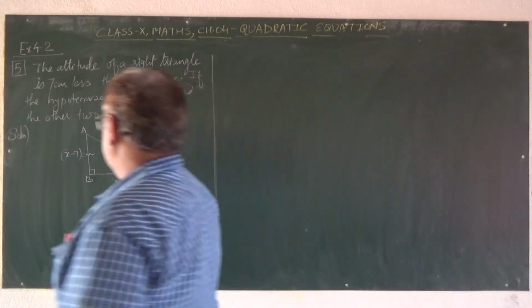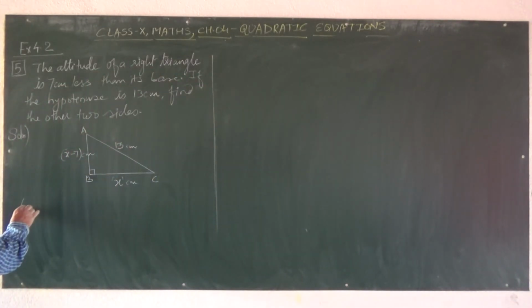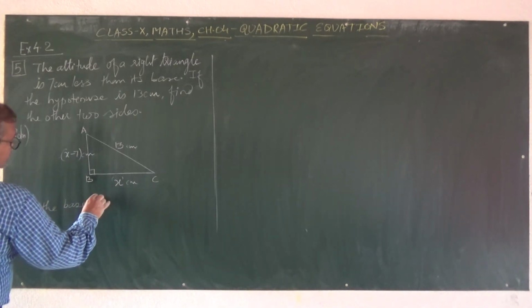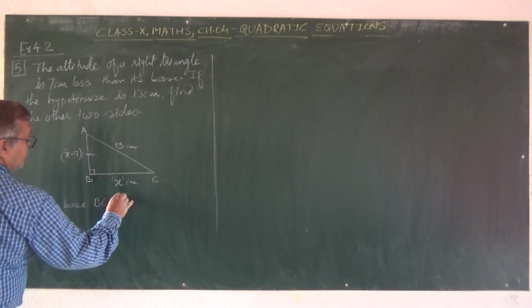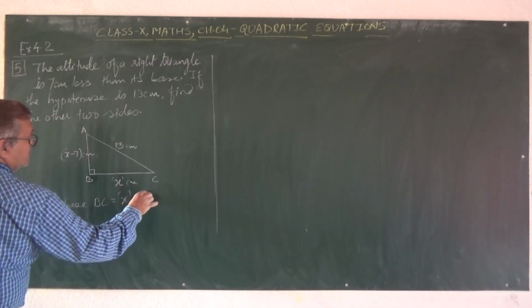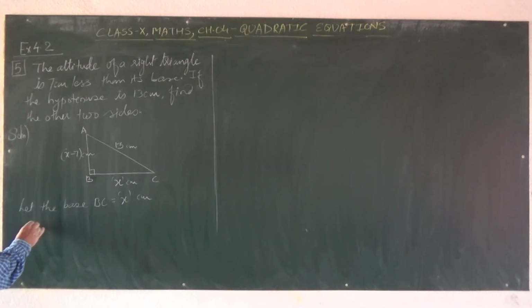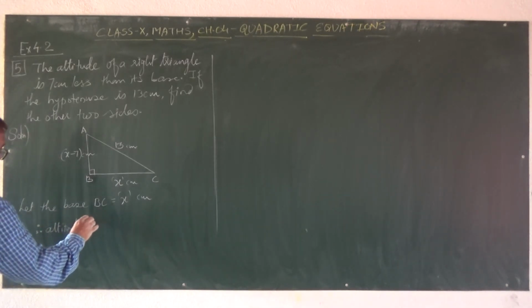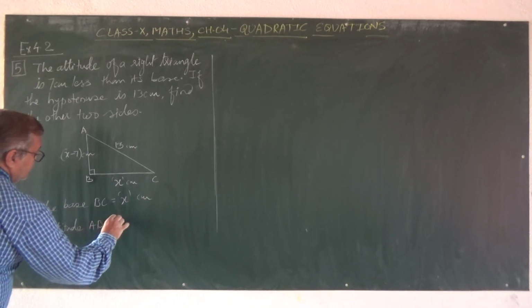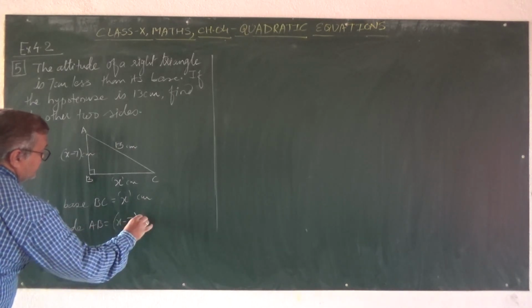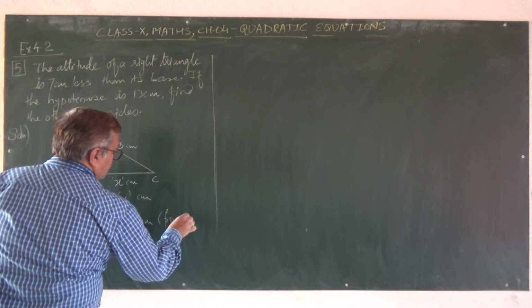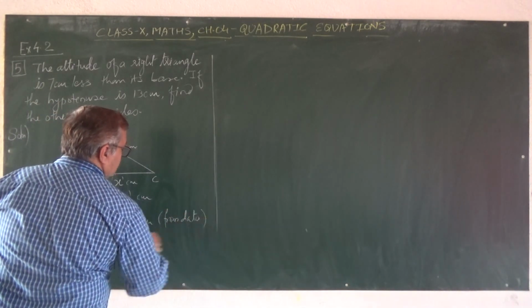Let the base BC be equal to x centimeter. Therefore, altitude AB is equal to x minus 7 centimeter from the data.